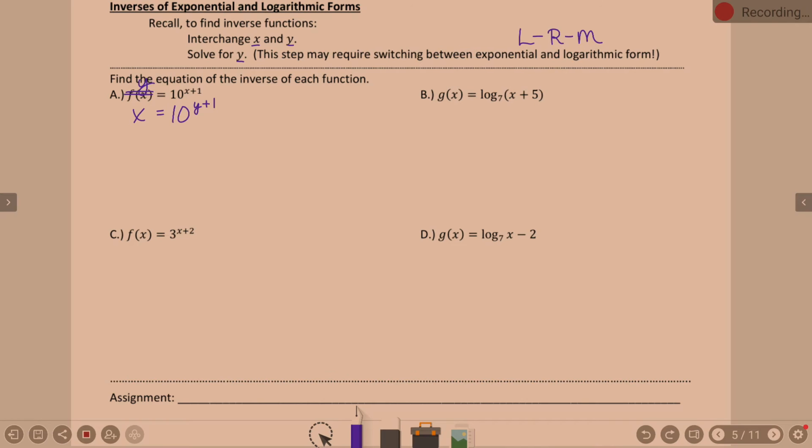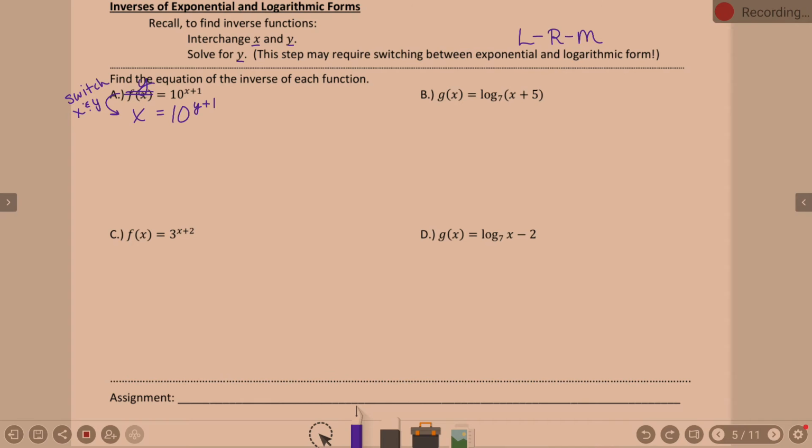Okay, so that step right there, from there to there, that was me switching x and y. I don't know if you need that side note in there or not, but that's what I did. I switched x and y. Now what's my job after that? Solve for y. Where's y?